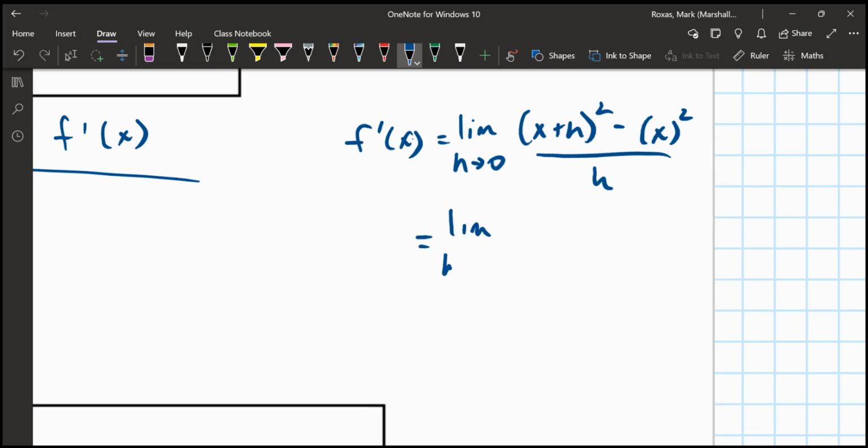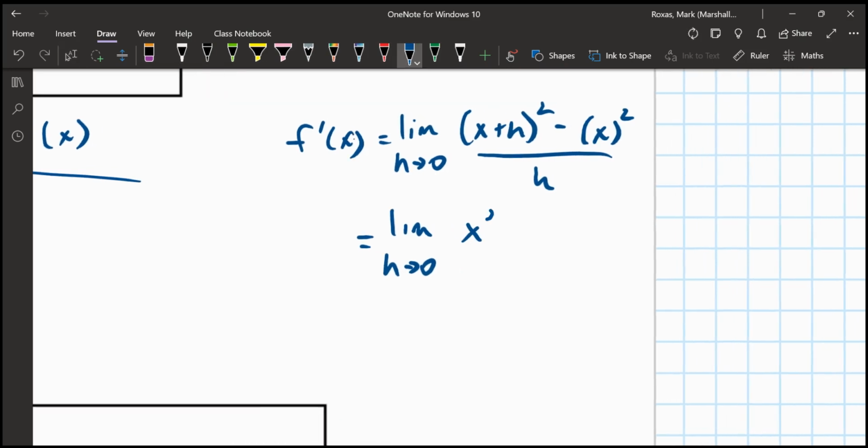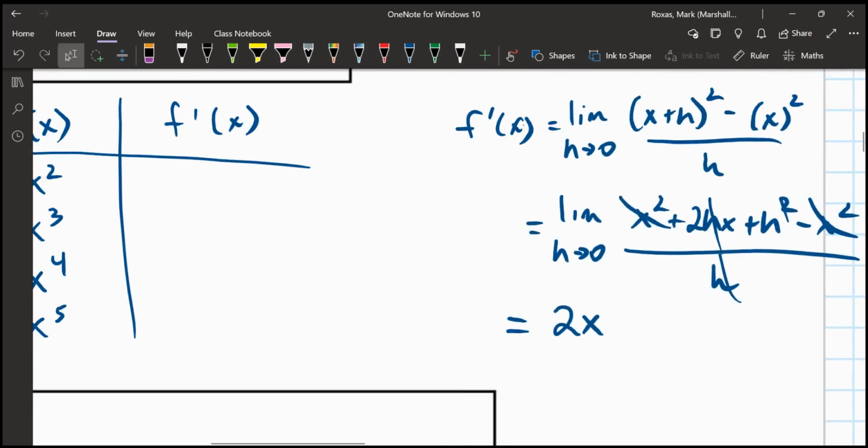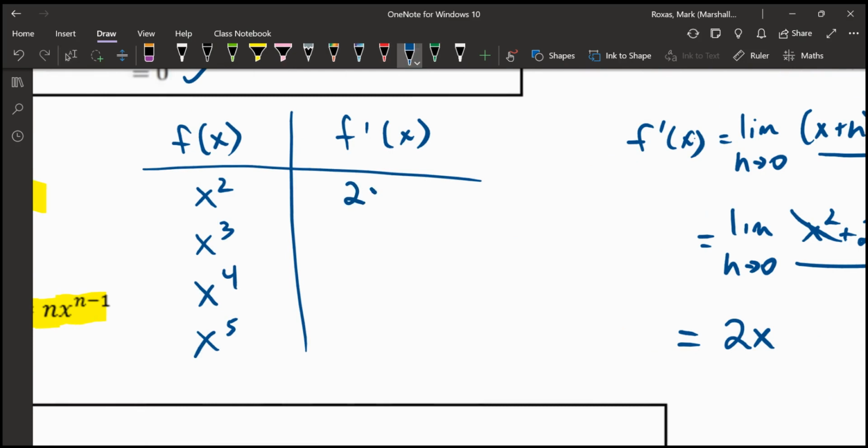Well, the limit as h approaches 0. And we've done this derivative before, right? So it's going to be x squared plus 2hx plus h squared minus x squared over h. And then we can see x squareds cancel, h's cancel, and when I apply the limit as h approaches 0, I'm just left with 2x. So there's my derivative, 2x. Right? So my derivative function, 2x.